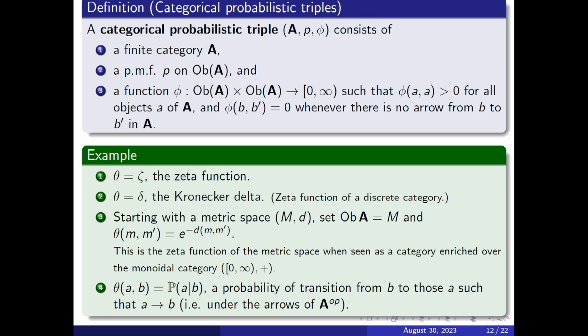Or another example that I'll consider later is where you consider theta AB as a probability of transition between B and A. So these allowed transitions happen along the arrows of the opposite category.